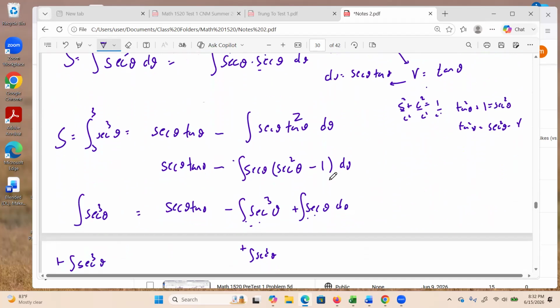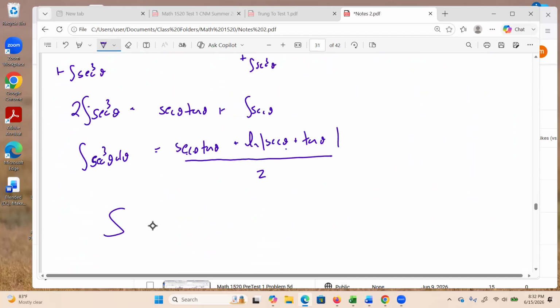So my arc length at this point, going back to our arc length, is equal to the square root of x squared plus 1 over 1 times tangent. Remember what tangent is? It's x. Plus the natural log of secant, that's going to be the square root of x squared plus 1, plus tangent x. Okay? And what are we doing? We're going from 0 to 3.